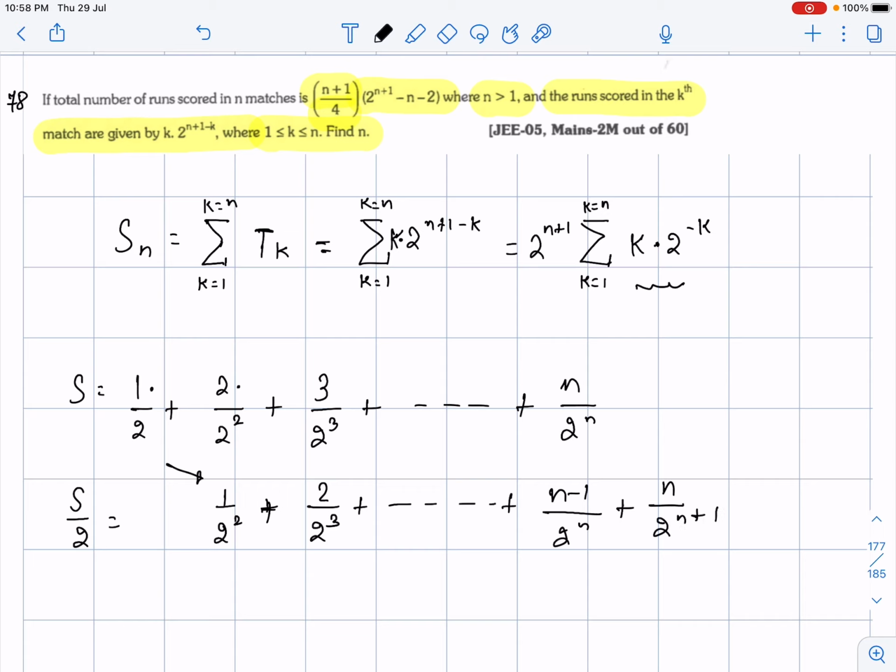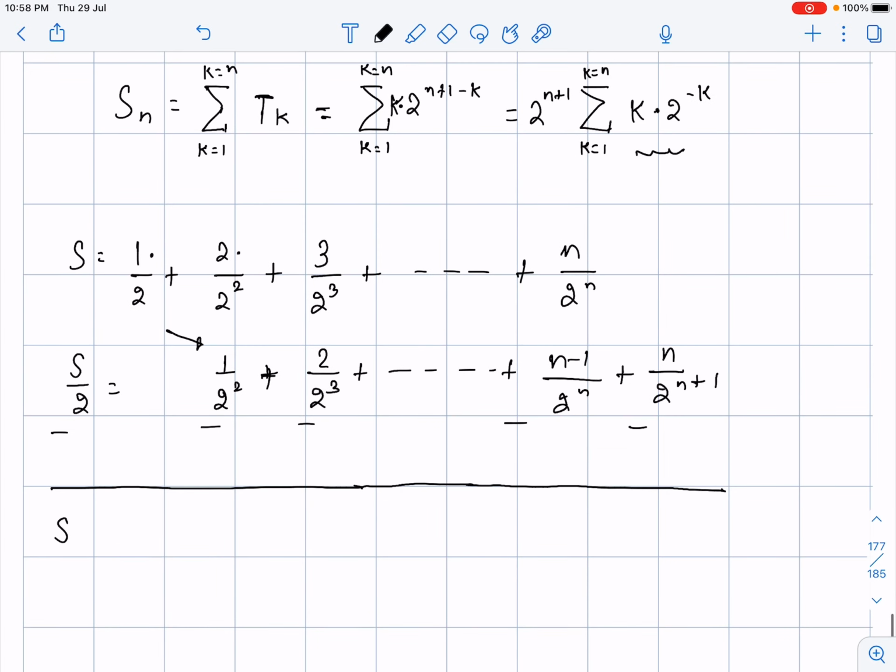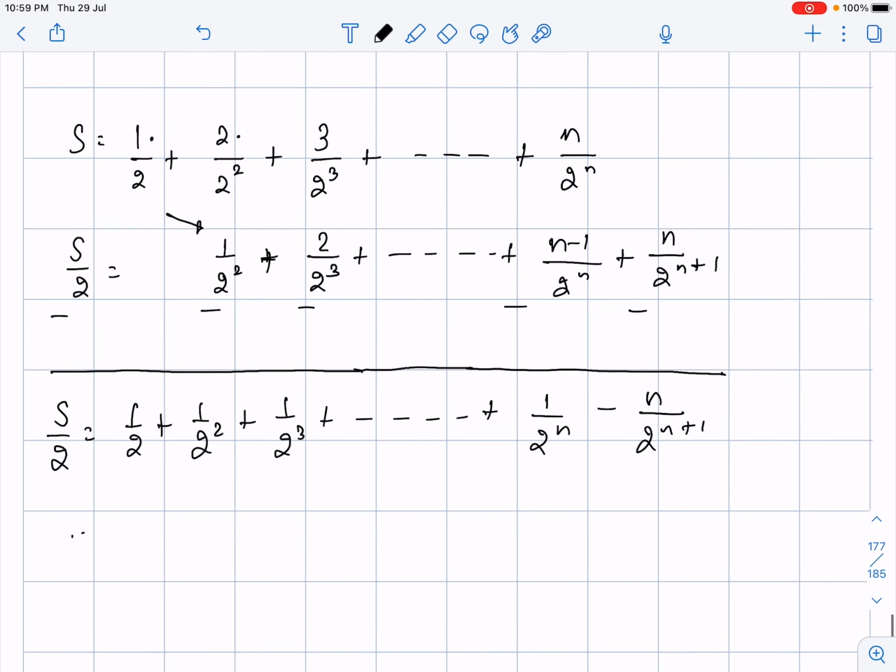Now subtracting these two equations, guys, it's an arithmetico-geometric progression, which is why I'm adopting this type of procedure, as we know. Subtracting these two equations, we get the value of S/2 as 1/2 + 1/2² + 1/2³ and so on up to 1/2^n, minus n/2^(n+1). So S/2 means we have the value of S I want.